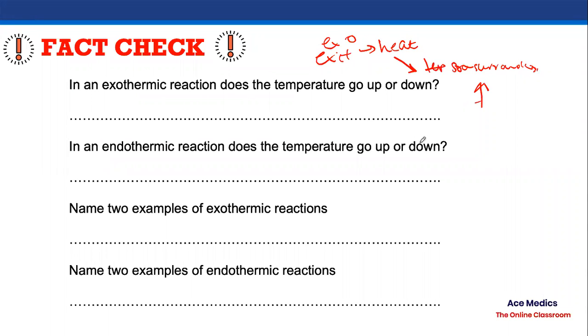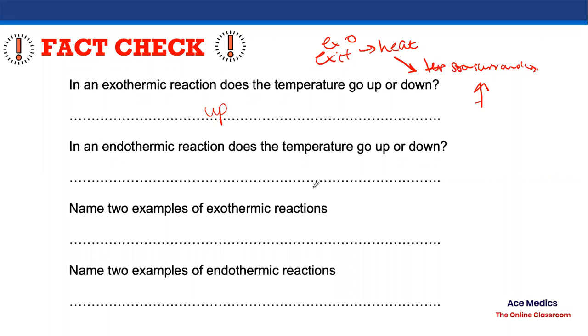Because we said exo is you're releasing. Exothermic reactions is when you're making bonds, and that releases energy. And therefore, it is releasing that heat, exo, and therefore the temperature of the surroundings will go up. Yeah? Does that make sense?